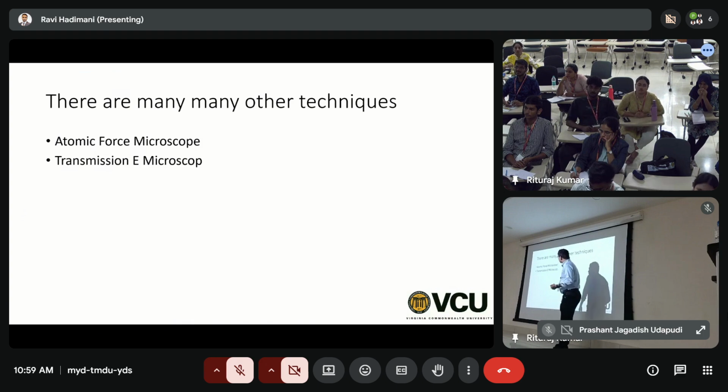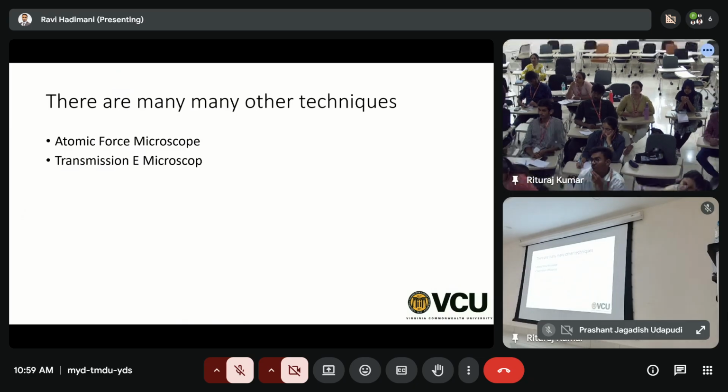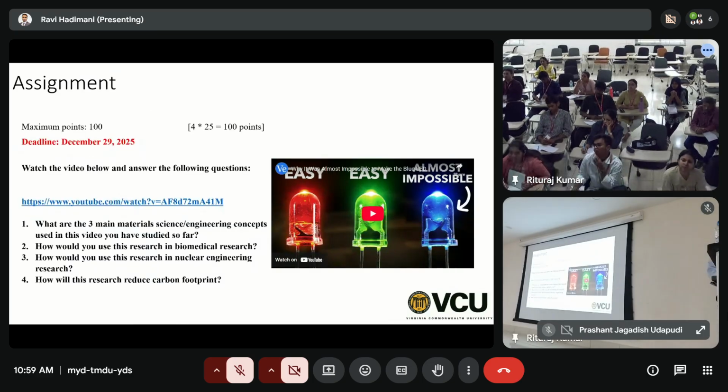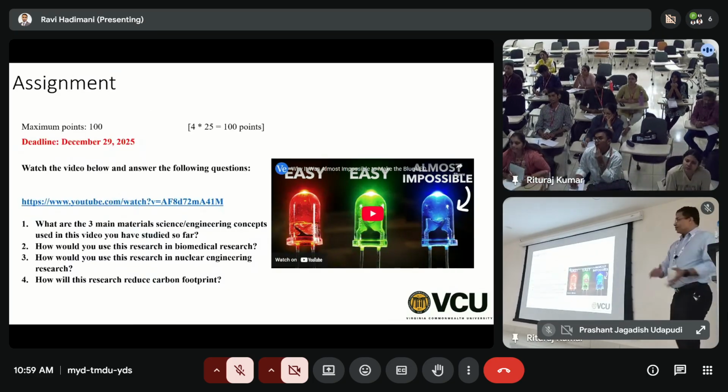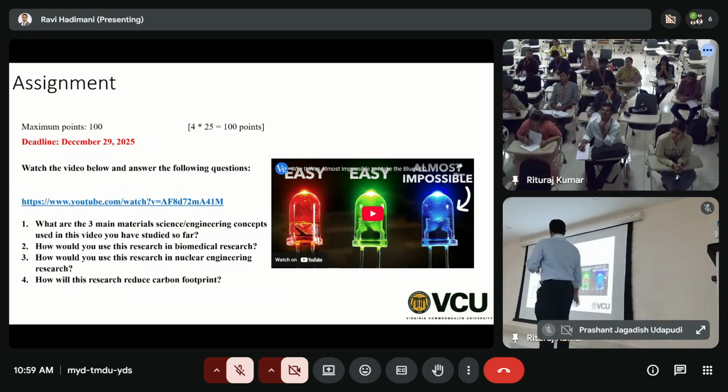I haven't even completed it. And there are many more. There is scanning tunneling microscope. Is there any other characterization device? Okay, I think we'll leave it at that. Characterization is a whole other beast.